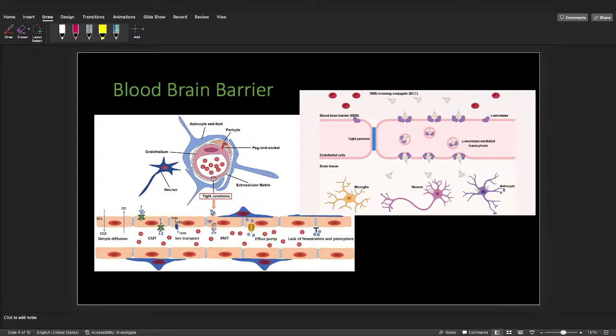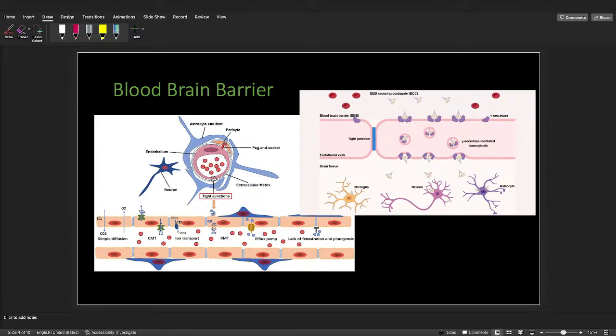You can see here these little square blocks, looking like cells, or you could say like bricks. You can't get to the other side of that wall. So in this first picture here, you see the astrocyte end foot, the pericyte, the peg socket.